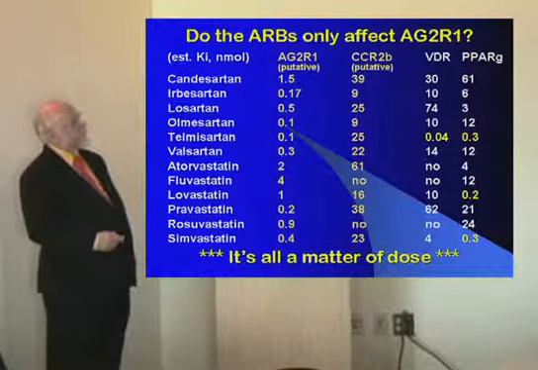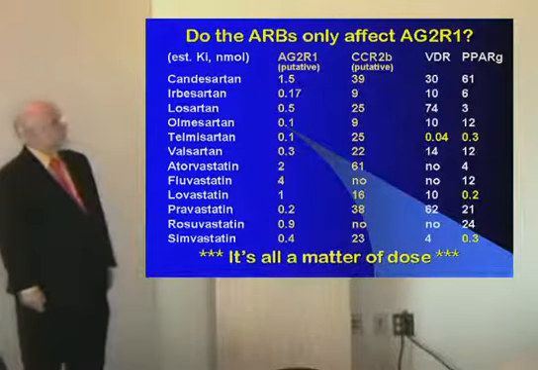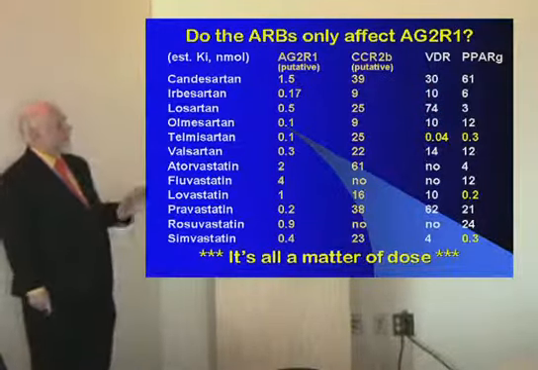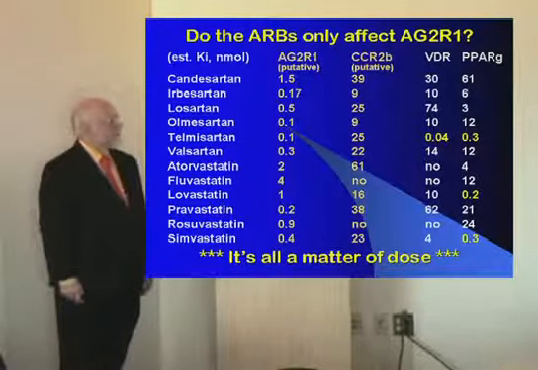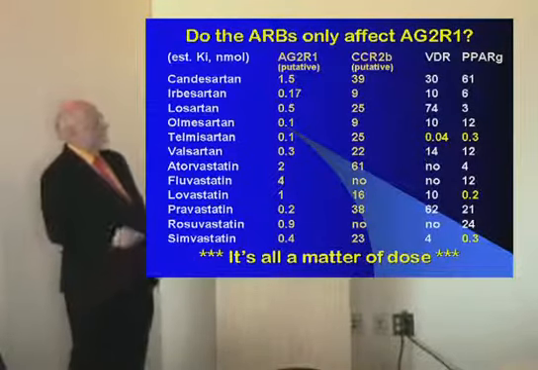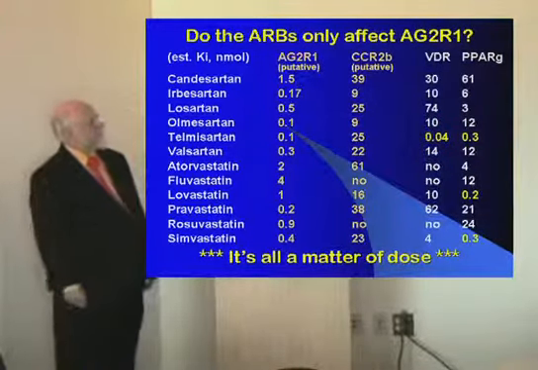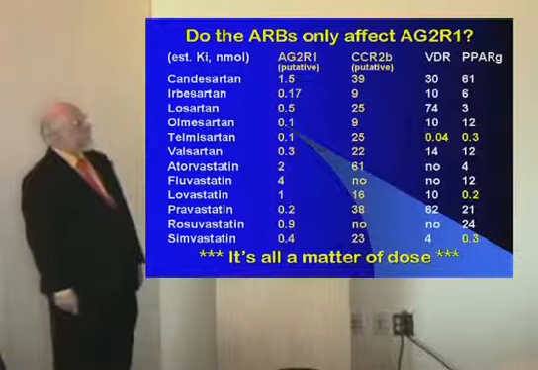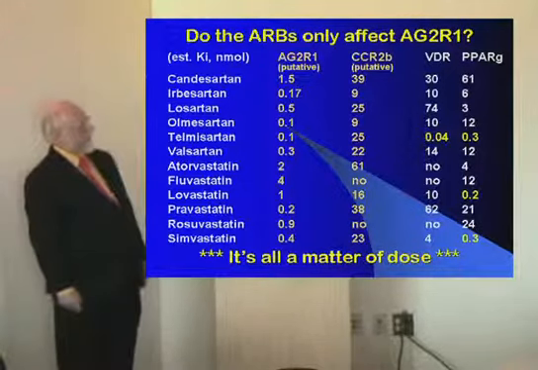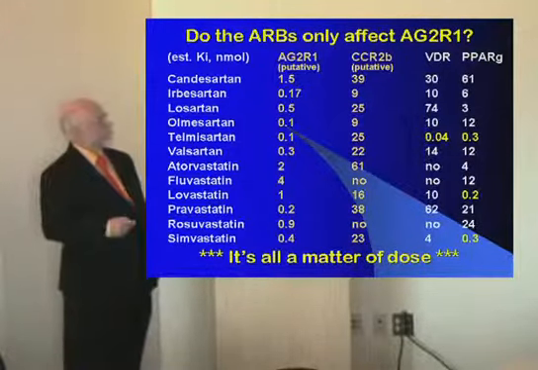So losartan into VDR, for example, would not normally inhibit the function of the VDR at the concentrations that the drug is normally administered. But other drugs, such as telmisartan into VDR, clearly significantly affect the operation of both VDR and PPARG at normal concentrations. This is millimolar.